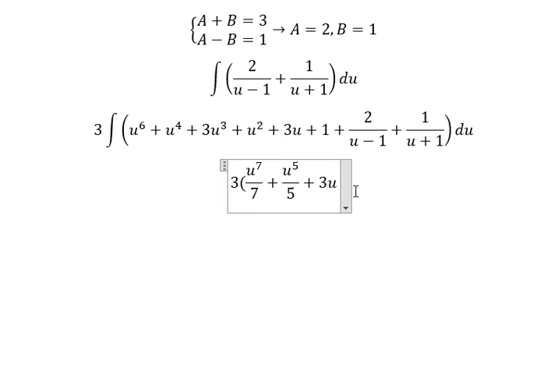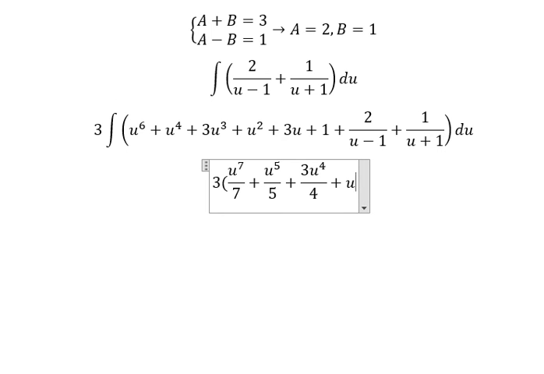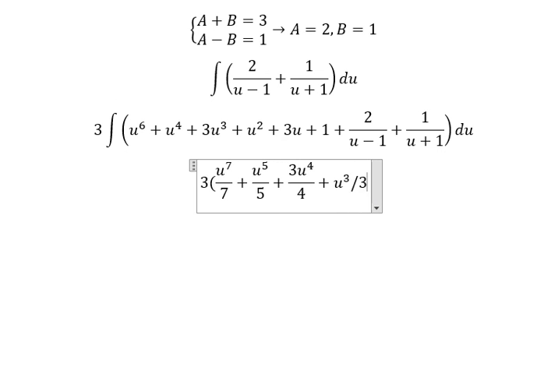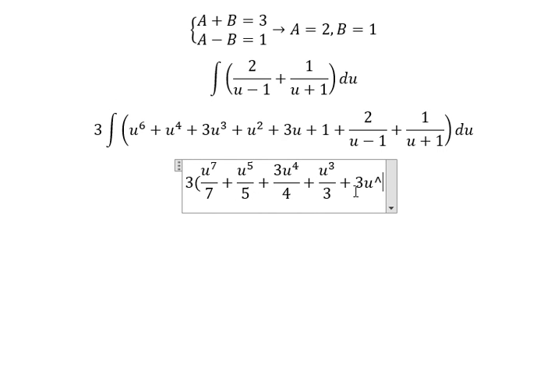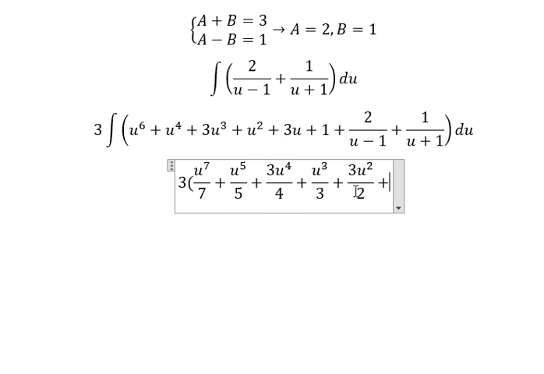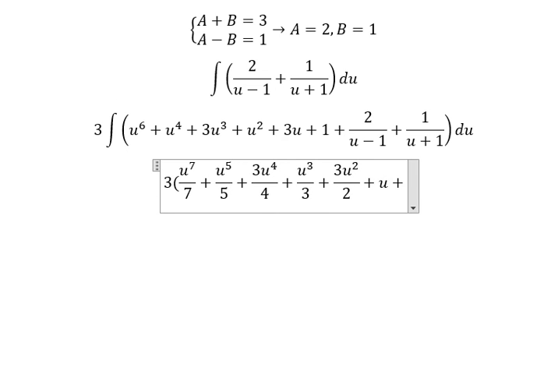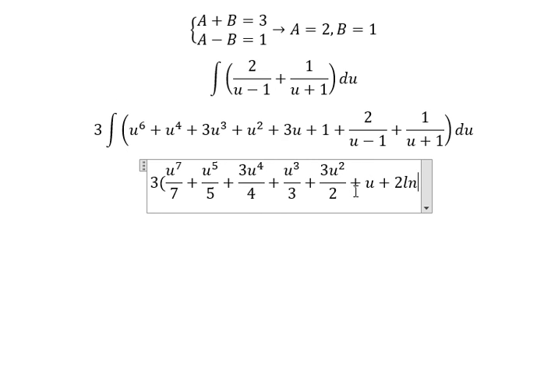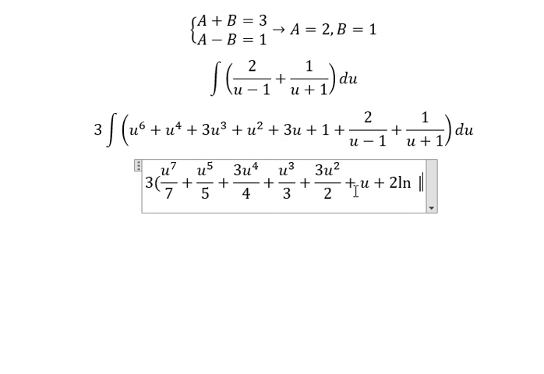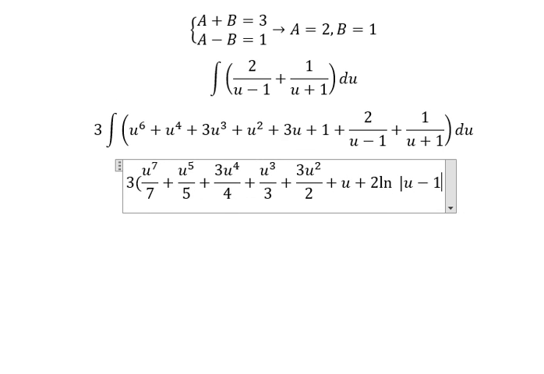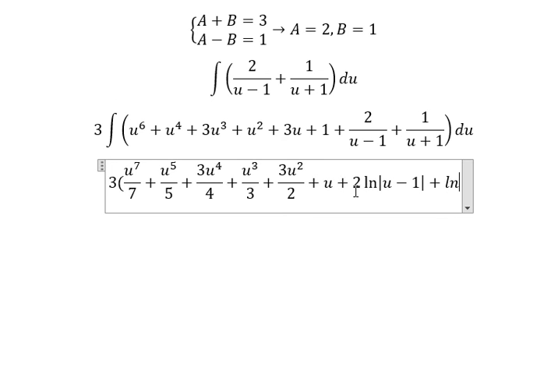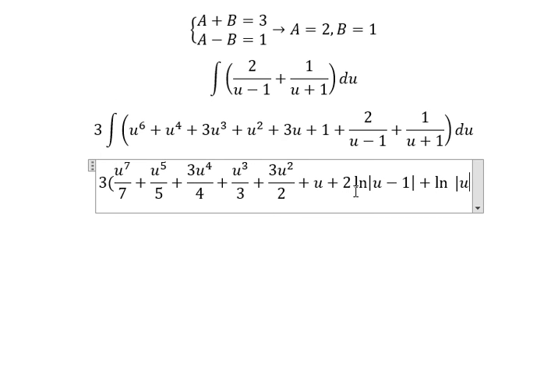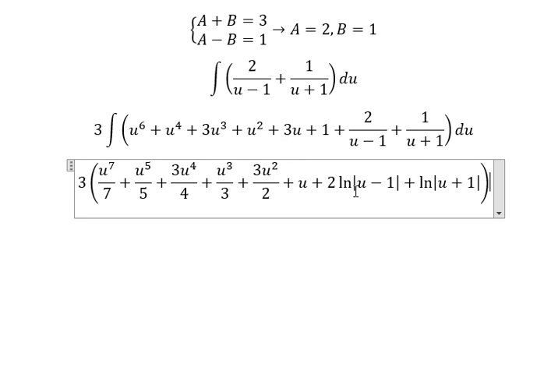The next one is u to the power of 4 over 4. The next one is u to the power of 3 over 3. 3u squared over 2 plus u. And the last one, that's 2 ln of the absolute value of u minus 1, ln of the absolute value of u plus 1. And we put c.